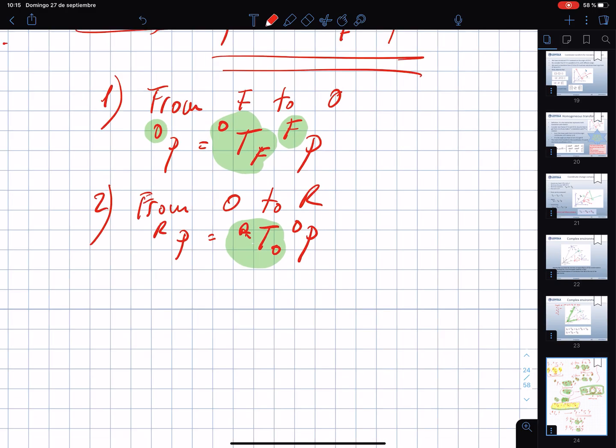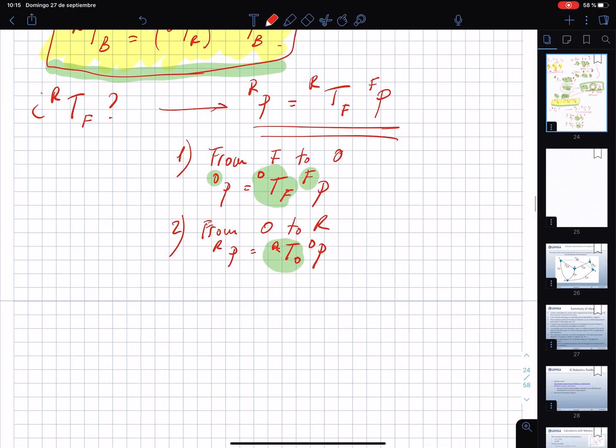And this is the same case as before. We have to rewrite the second equation as PR equals RT0, and then substitute P0 from its expression in the first equation.